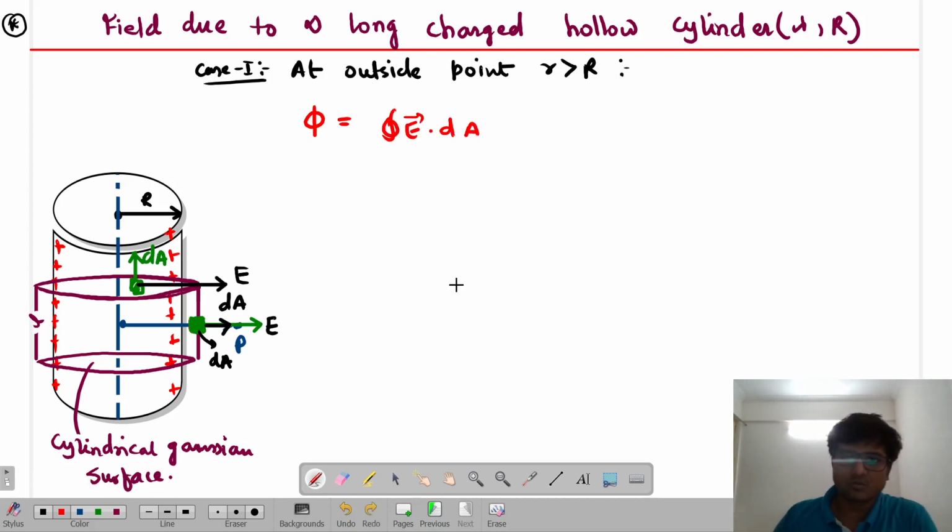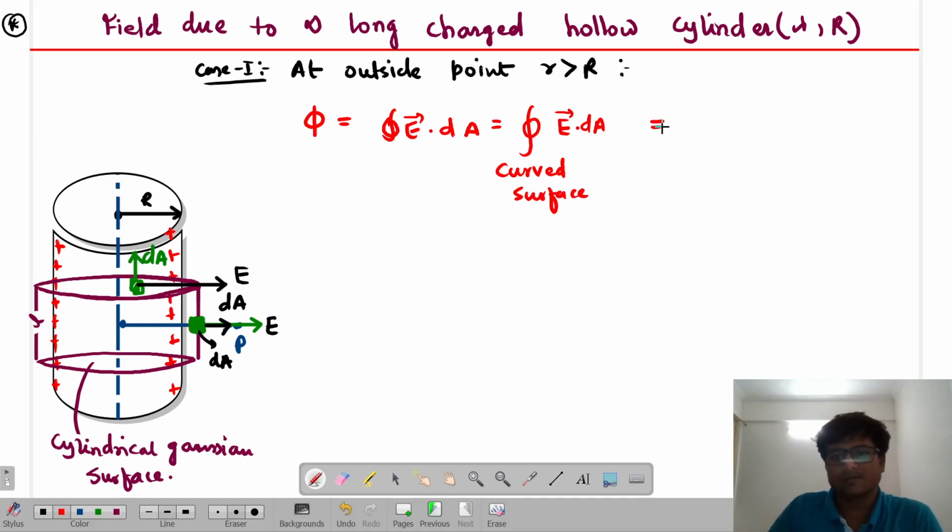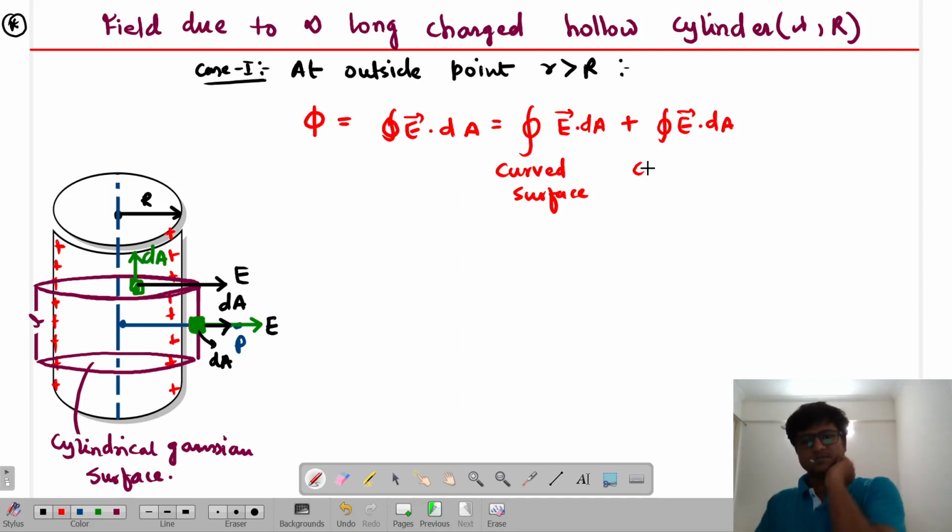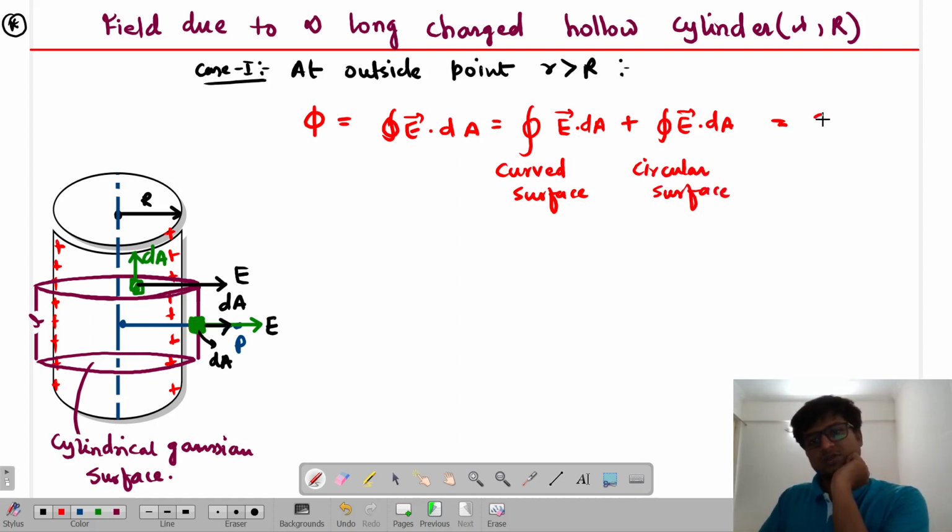That means I'll have two components of flux: integral E dot dA for the curved surface, plus integral E dot dA for the circular surface. And this must be equal to charge enclosed by epsilon naught.